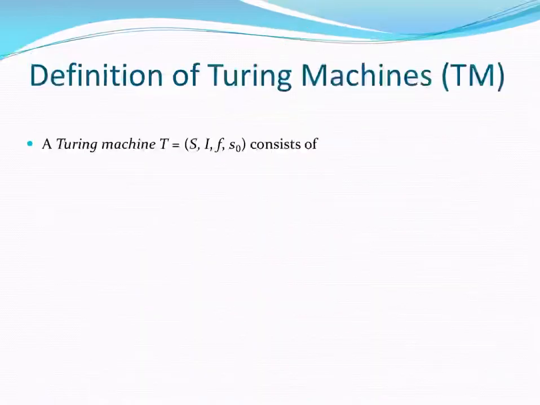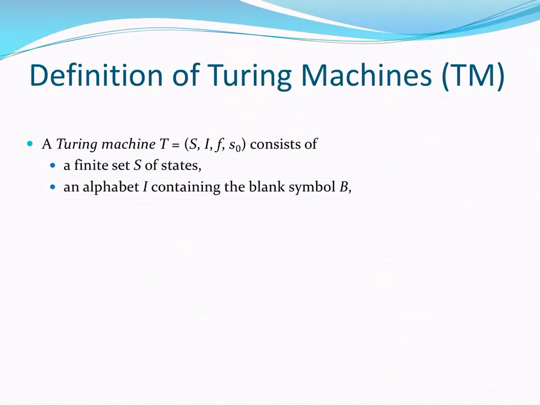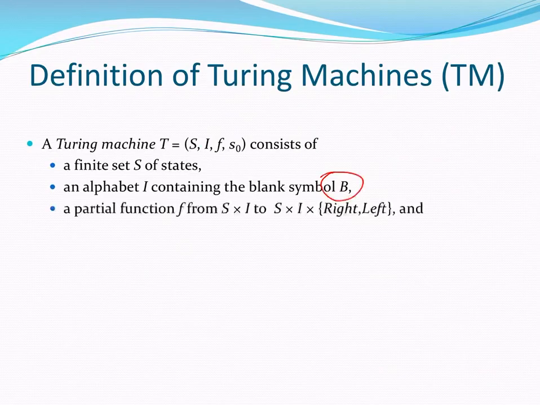Okay, well, more formally, how do we define a Turing machine? A Turing machine is a four-tuple. It has a set of states, and an alphabet, an input and an output alphabet, which always contains the blank symbol B. It has a partial function from the state and alphabet to the state and alphabet cross product, but we add a direction.